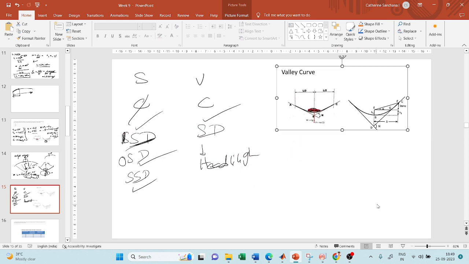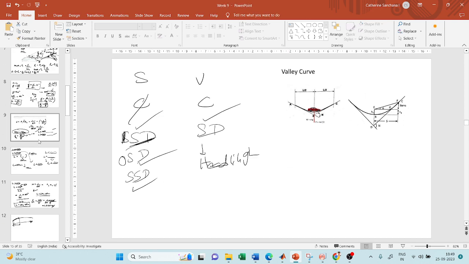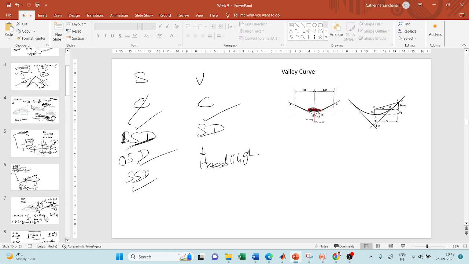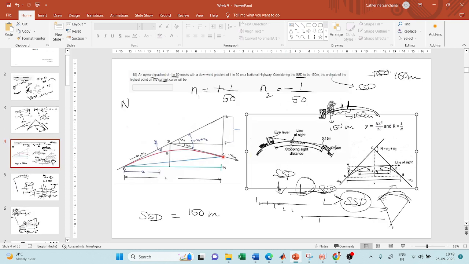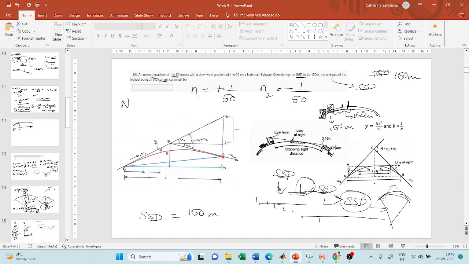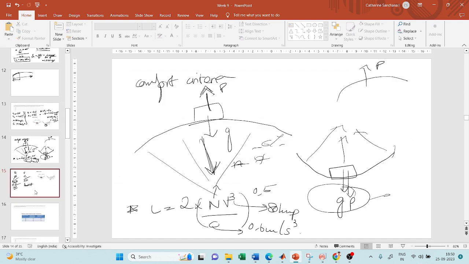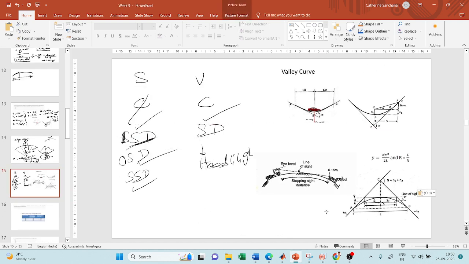So this is my valley curve. On a summit curve, your sight distance will be a problem, because the obstacle is at a lower level compared to when you travel on the summit curve, right?